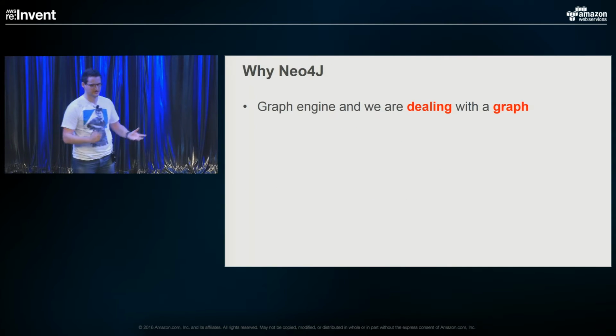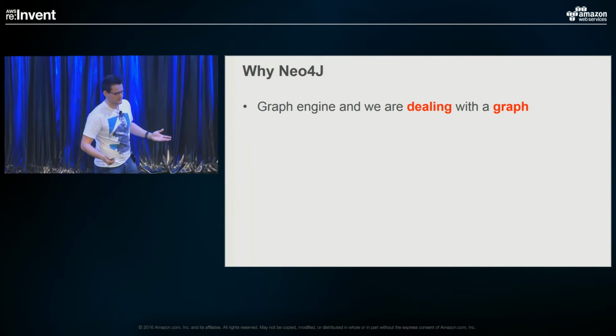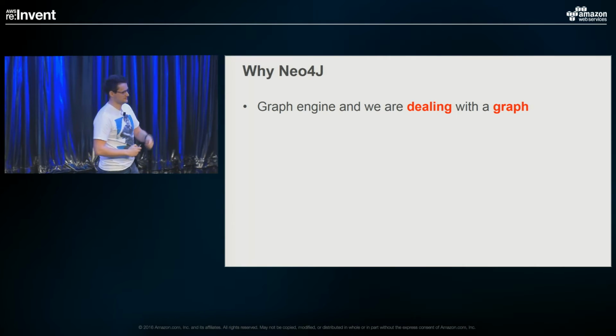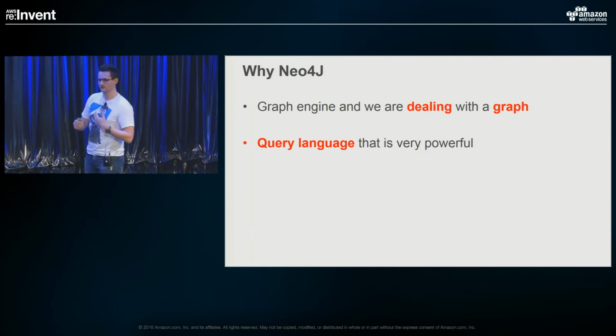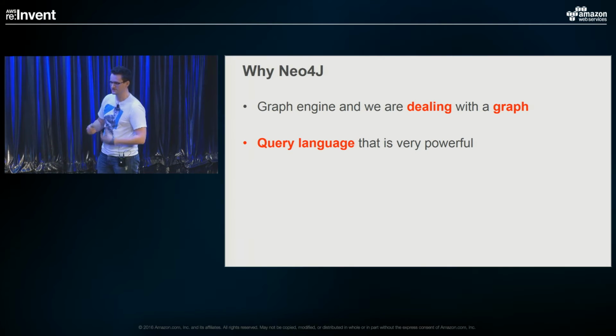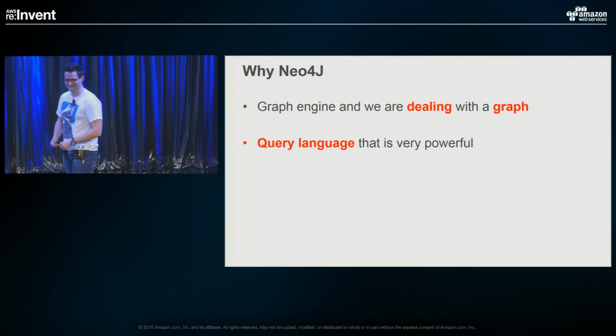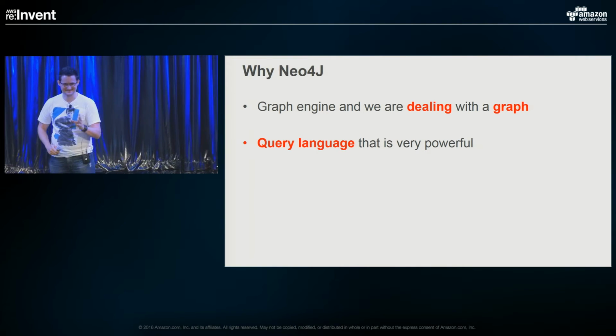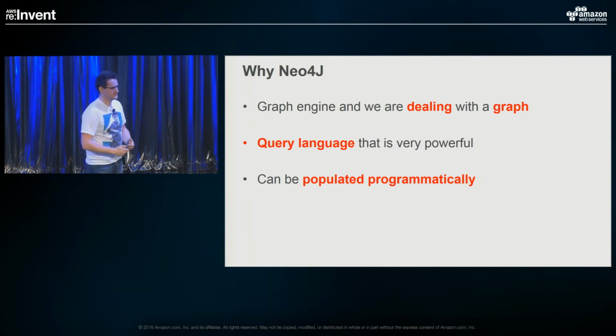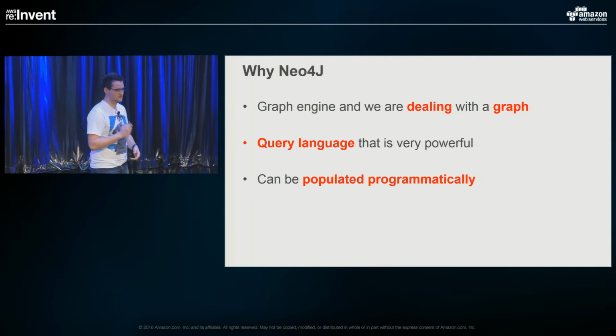So, why Neo4j? It's a graph engine, and we're dealing with a graph. There's a core language, quite powerful, can do magical things, especially if you use Stack Overflow and Google sometimes. This can be populated programmatically, and it's really important.